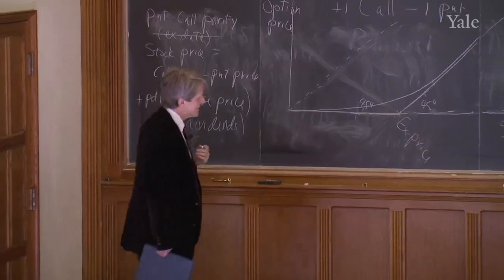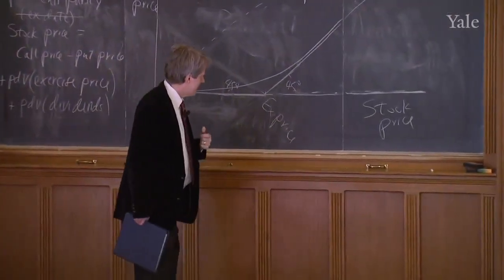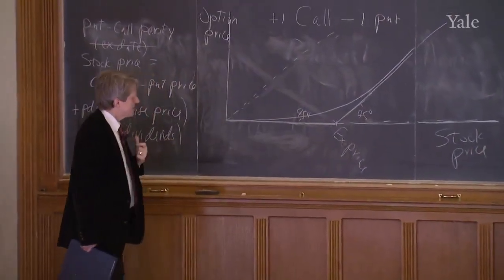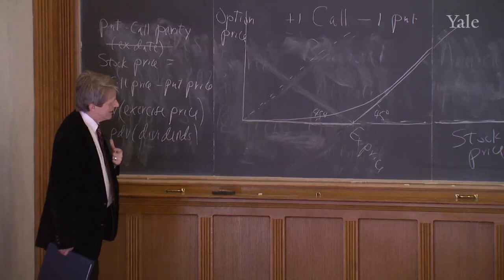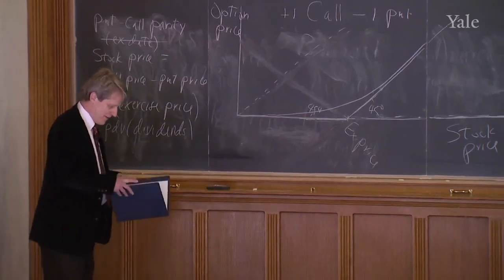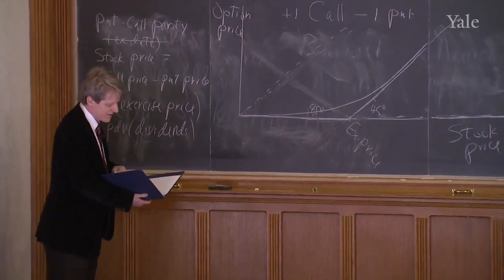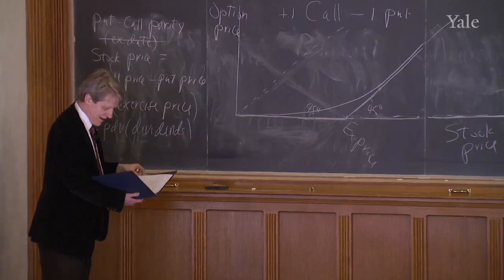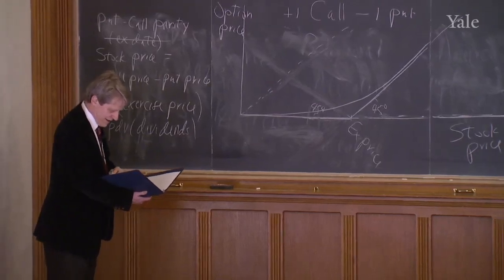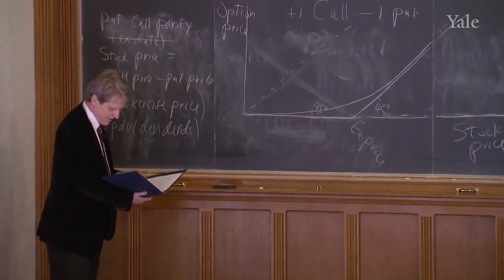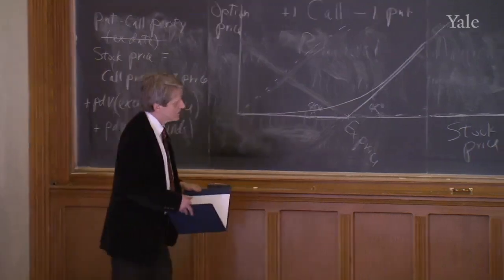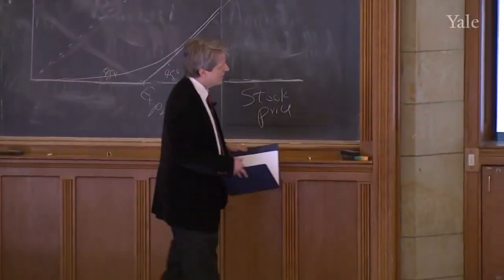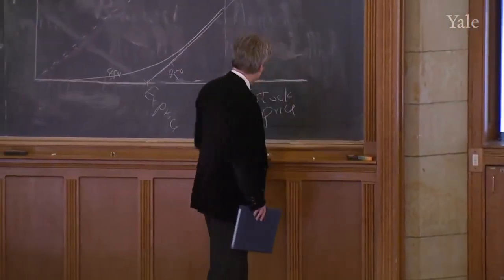So that's why the distinction between European and American options is not as big or as important as you might think at first. So we can just price European options, and then we can infer what other options would be, what put options would be worth.